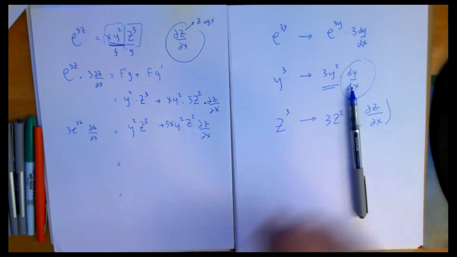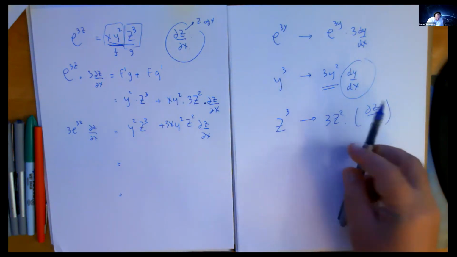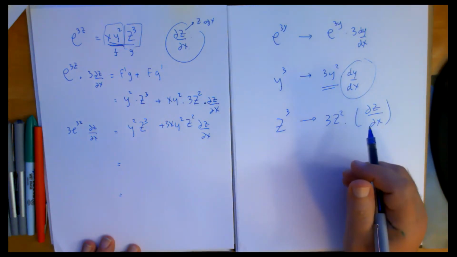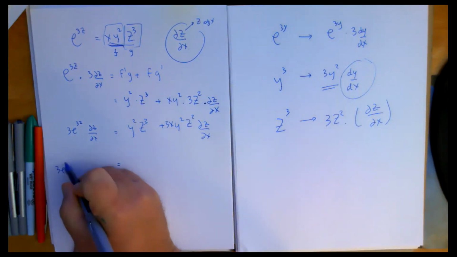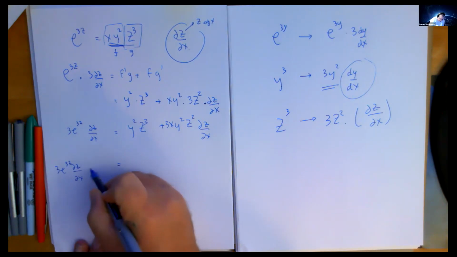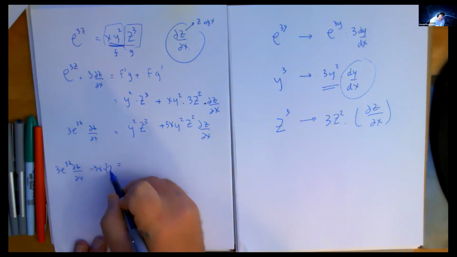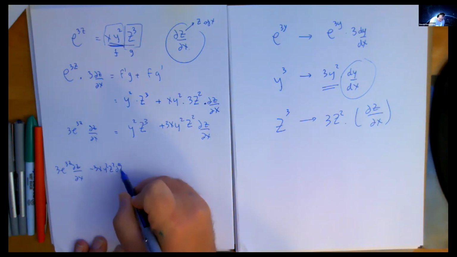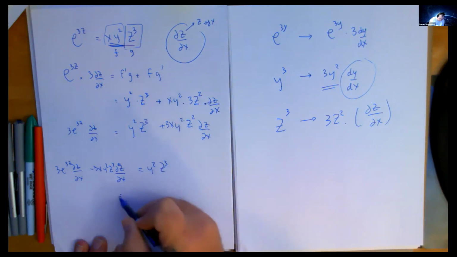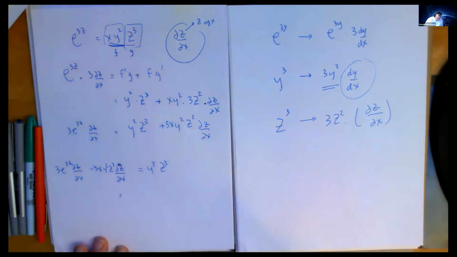Group like terms? We could, but how am I going to group them then? That might be a good idea. Subtract the 3xy squared z squared from all that stuff. Yeah, that's exactly what you do. Okay, I know it's a bit messy, but move my equals over.